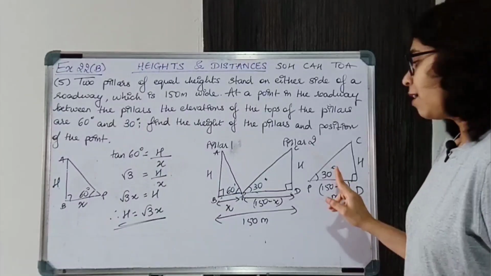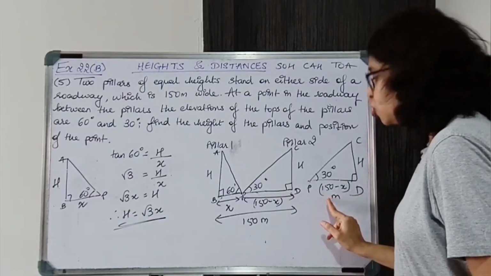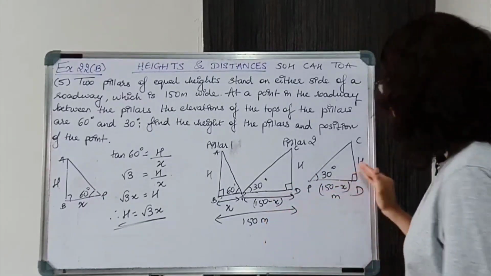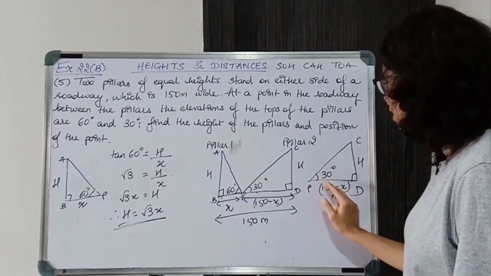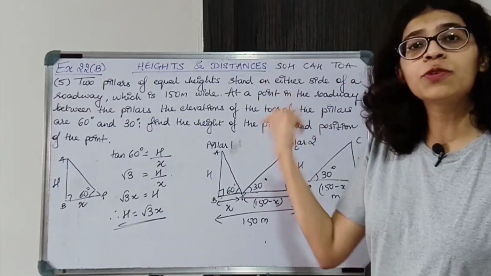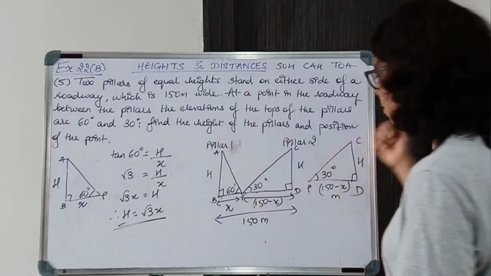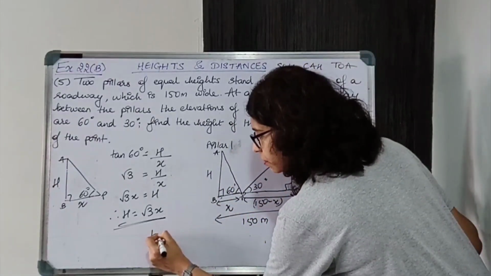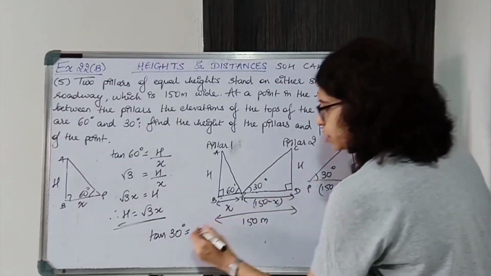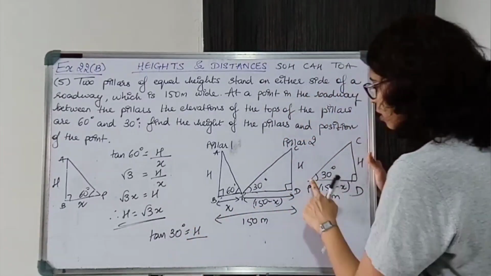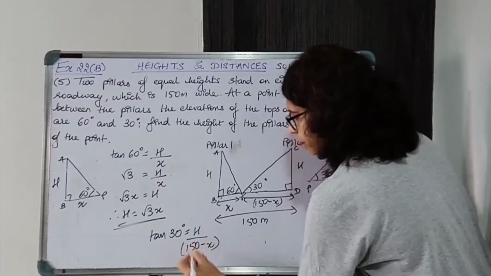Now we need the relation between the angle's opposite and adjacent. We need to find h. Again opposite and adjacent come in tan, TOA. So tan 30 is equal to the angle's opposite, CD, that is h, and the angle's adjacent, PD, that is 150 minus x.